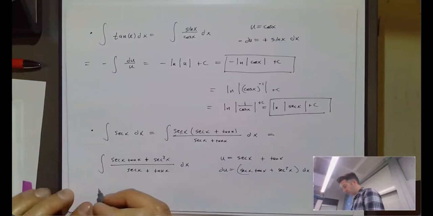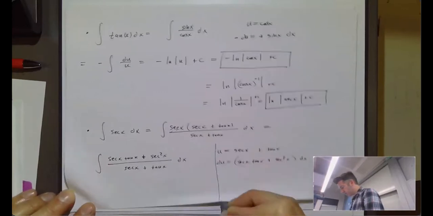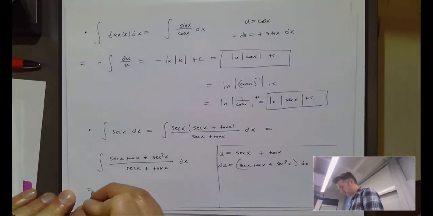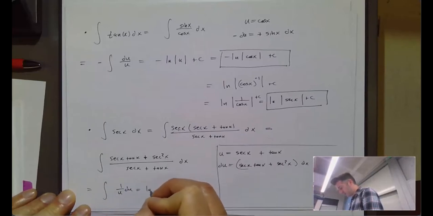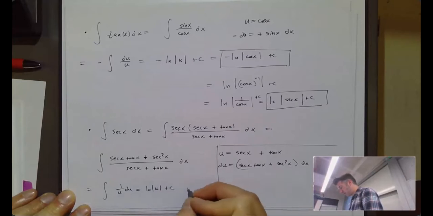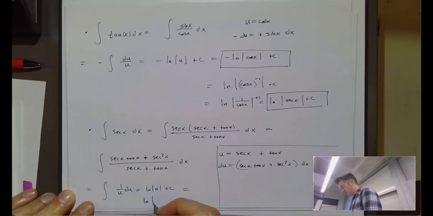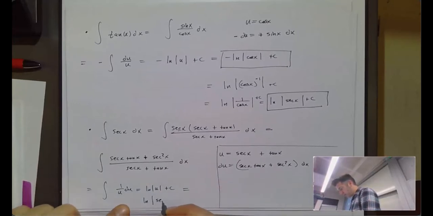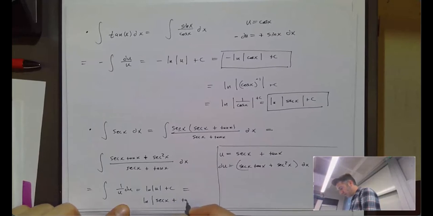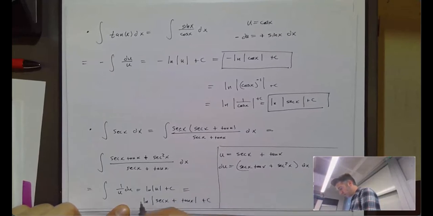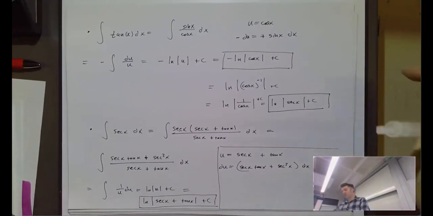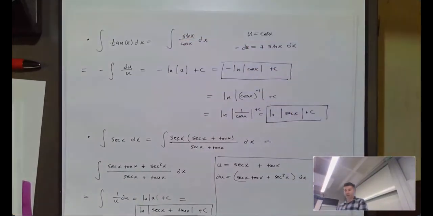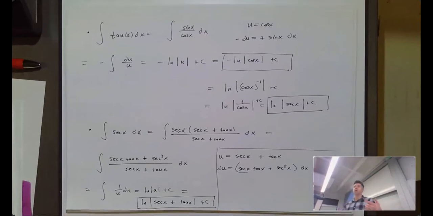So this becomes the integral of 1 over u du, which is the natural log of the absolute value of u, plus c, which is the natural log of the absolute value of secant x plus tangent x, plus c. That's not one you want to have to derive every time. It is definitely one that you should just memorize.